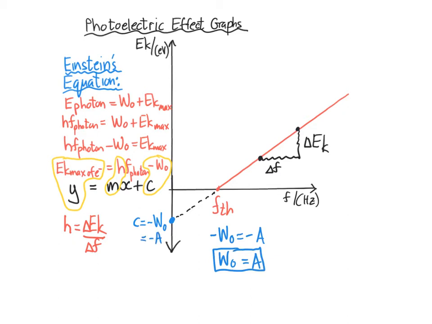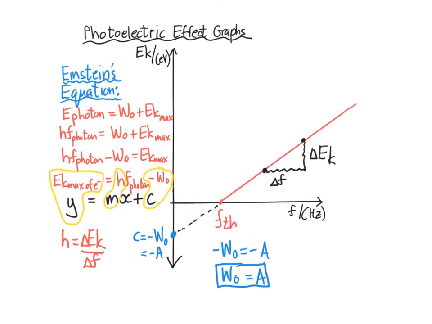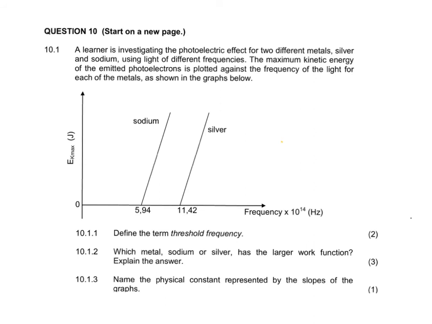So now that we have a broader view of the mathematical interpretation of a kinetic energy versus frequency graph for the photoelectric effect, we can now move on to examination questions involving graphs. So in this examination question, we are presented with the following graph.